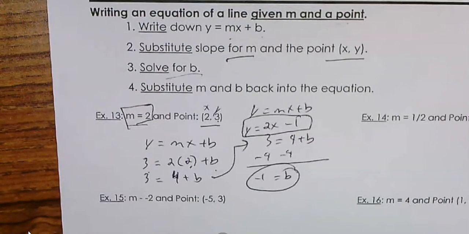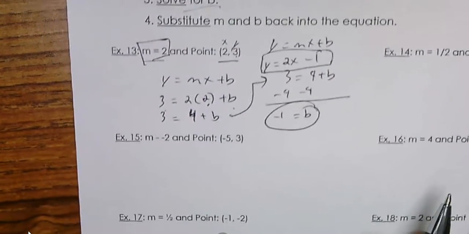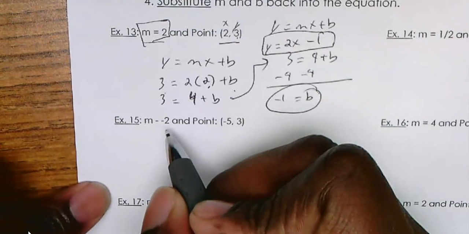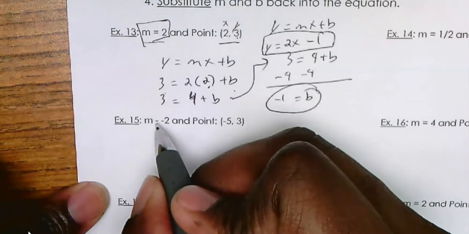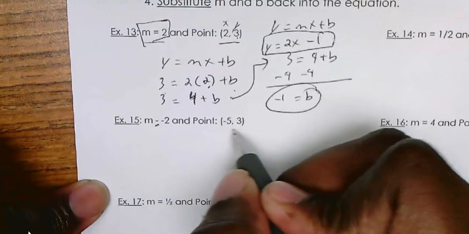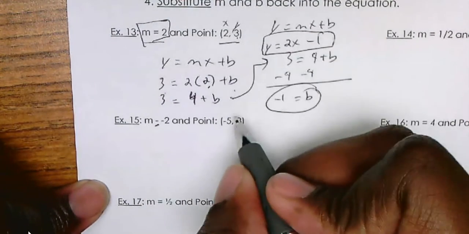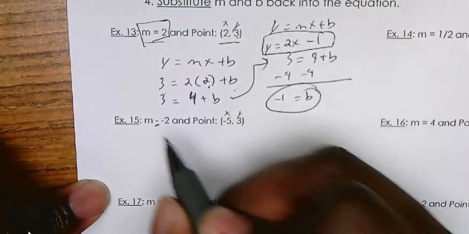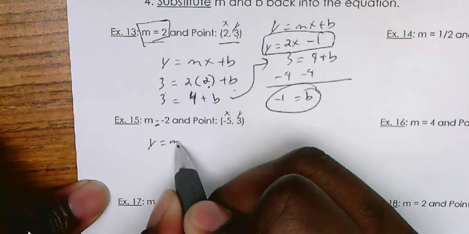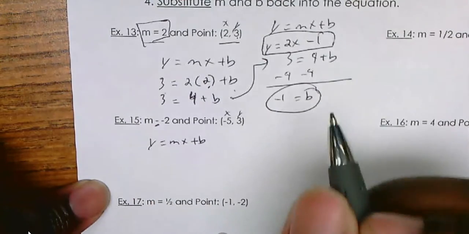We'll give another one. One beneath is number 15. In that one, m is -2. It should be an equal sign there. So m is -2. And the point is -5, 3. So this is x and y. And this is m. So y equals mx plus b.